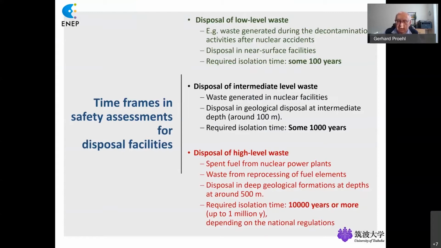Usually, the activity concentrations are relatively low, and particularly in the case of Fukushima, most of the radionuclides are not long-lived. In Fukushima, the most long-lived was cesium-137, and it requires an isolation time of 700 years.